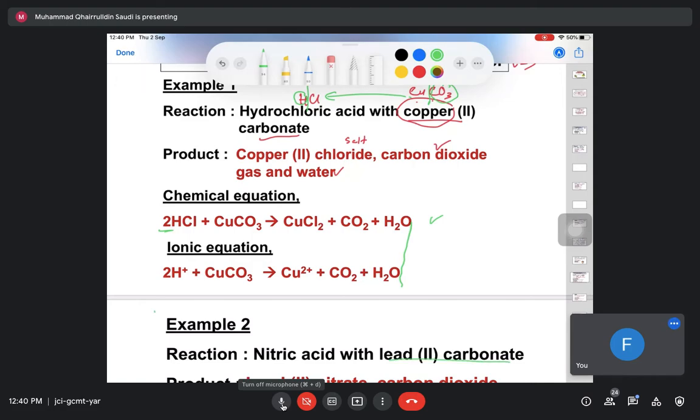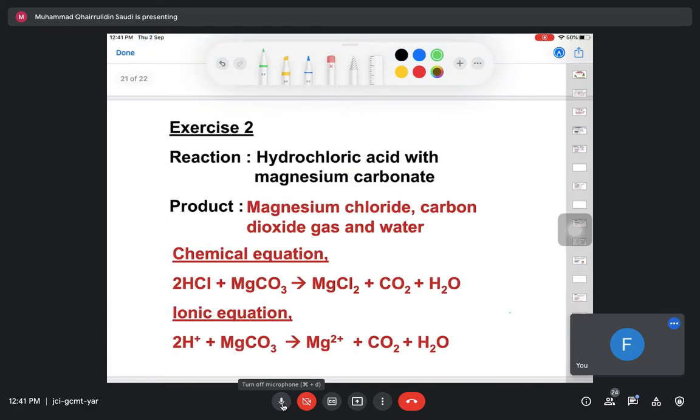Okay, nitric acid bila campur dengan metal carbonate, we will get salt, carbon dioxide gas and water. So carbon dioxide dengan water dah tahu dia punya formula. Nitric acid HNO3, lead 2 carbonate Pb. Okay, kalau tak tahu buat kat tepi.